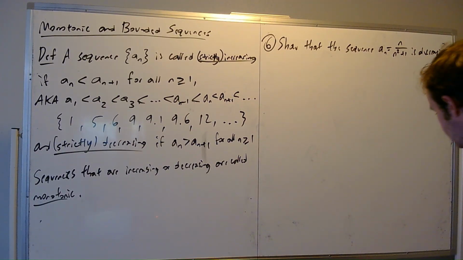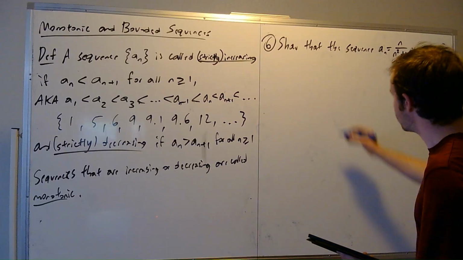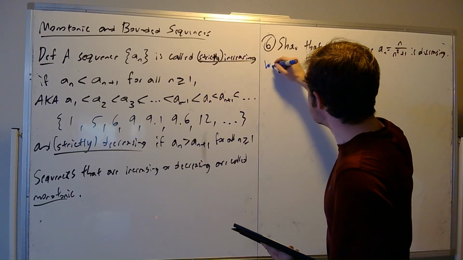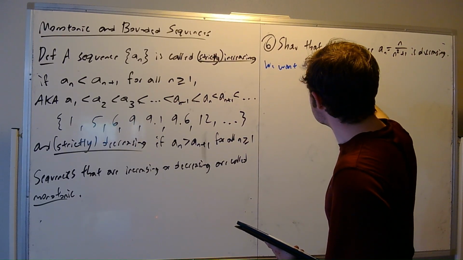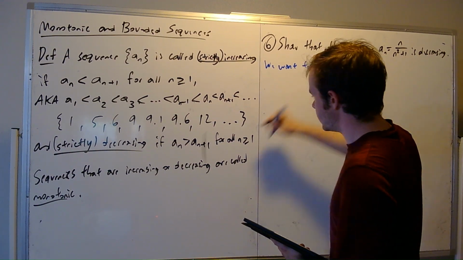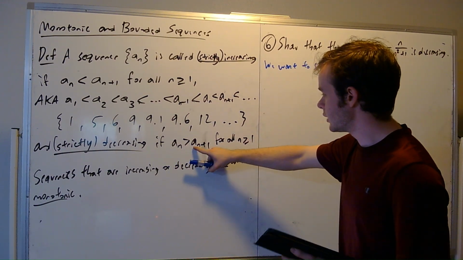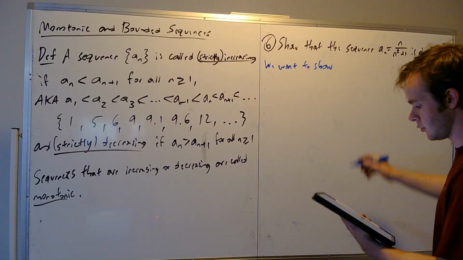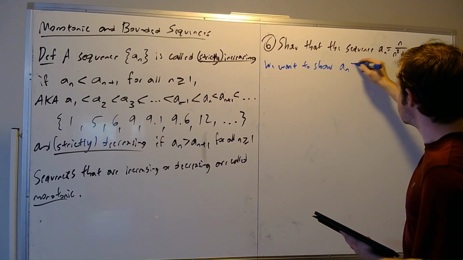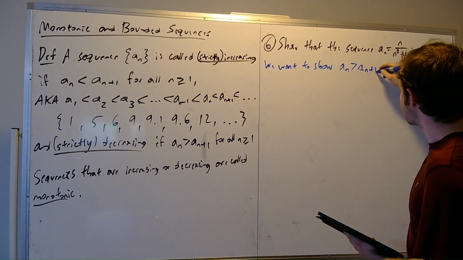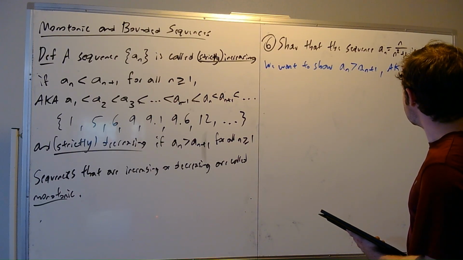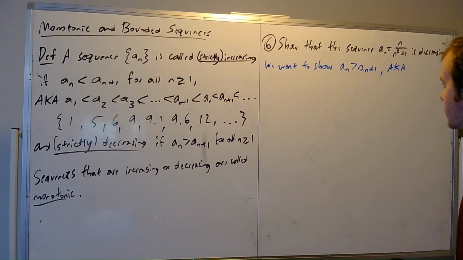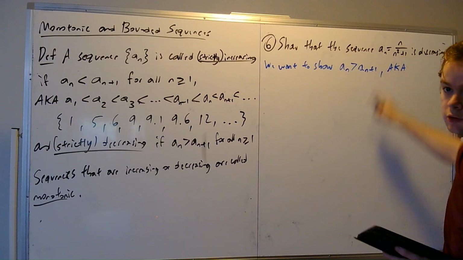Okay, so we want to show, right, so remember if it's decreasing, a_n is greater than a_{n+1}. So we want to show a_n is greater than a_{n+1}, aka, so let's just write down what that means. So a_n is what I wrote up here.